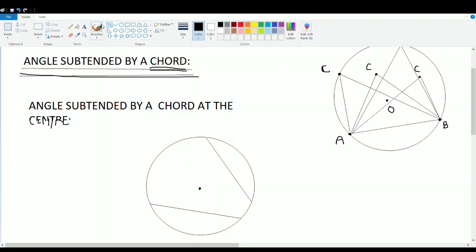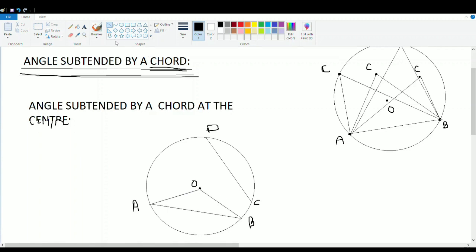Okay, and if we name this as AB and the other CD, so the angle subtended by AB and CD at the center is, let's say the center is O. So let's join AO and let's join BO.